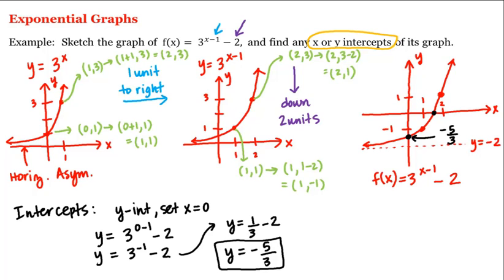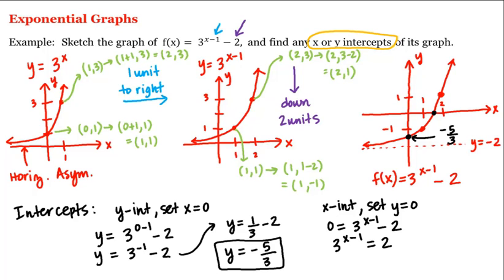All right, and what about our x-intercept? To find our x-intercept, we set y equal to 0. That is, we have 0 is equal to 3 raised to the x minus first power minus 2, or 3 raised to the x minus first power is equal to 2.